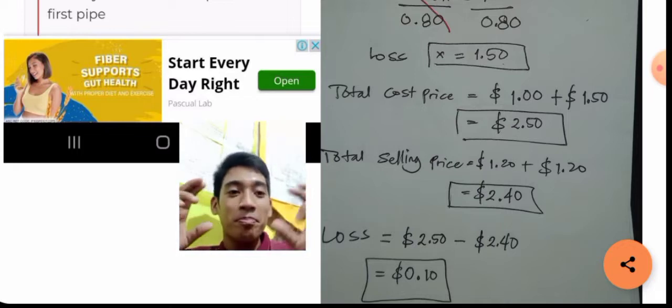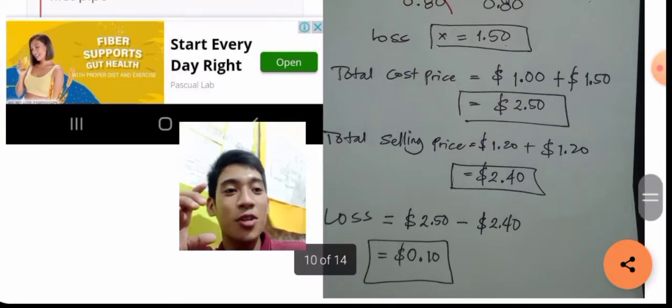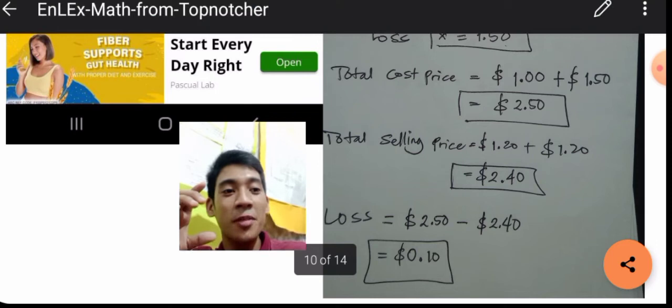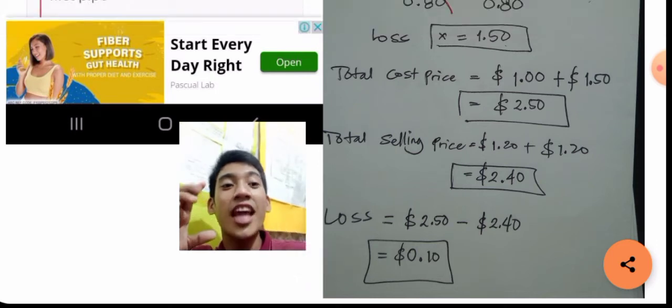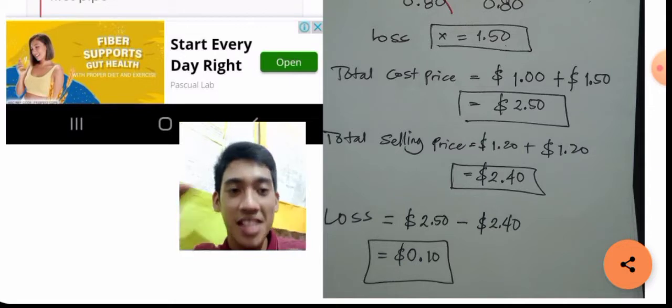Again, loss is the subtraction of the cost price, which is 2.5, and your selling price, which is 2.4. Therefore, there is a loss of $0.10, or 10 cents.